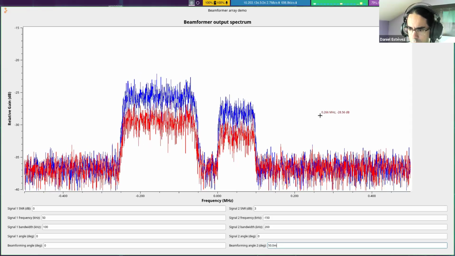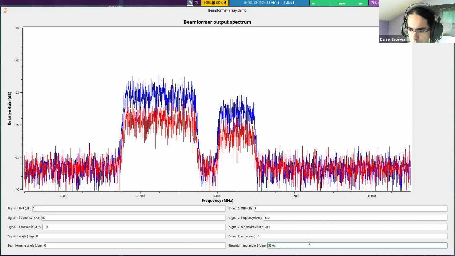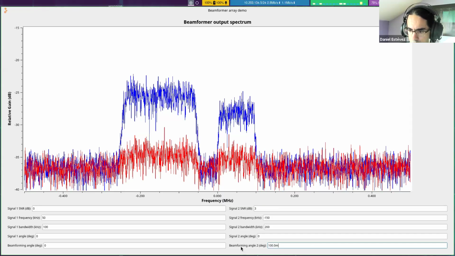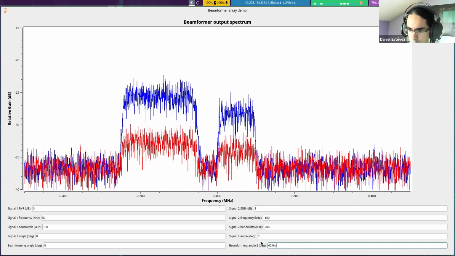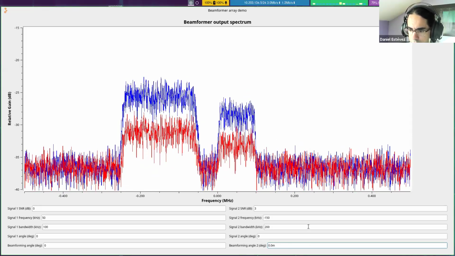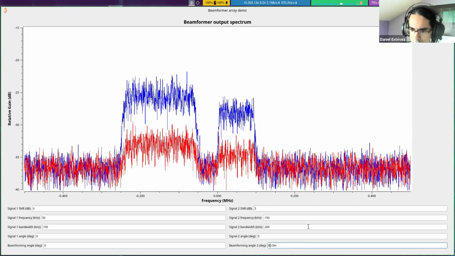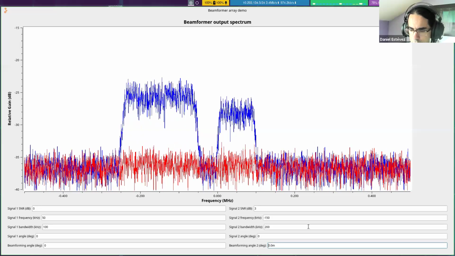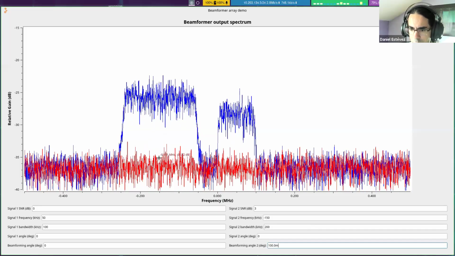We are pointing our beamformer slightly away from the direction that the signal is coming from, and so we see some signal reduction. If I keep going, maybe that's going too far, so let's do this slowly. 0.06 degrees, 0.07. You can see the signal is dropping, 0.08, 0.09, and then basically 0.1, the signal completely disappears.